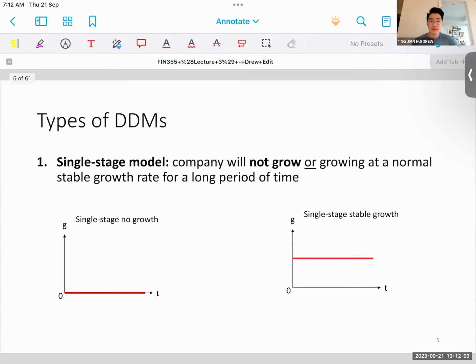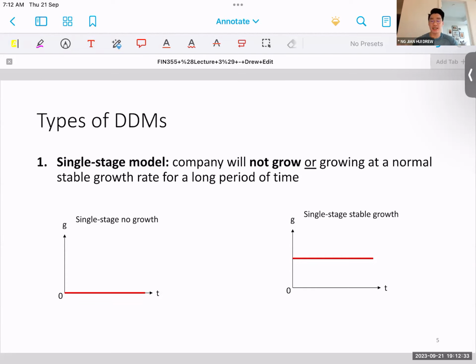All right, so let's quickly have a look at four different types of DDM models. I want to highlight to you, understanding these four different types of DDM is very important, because in the next lecture, when we talk about the FCFF, RI, FCFE, everything falls back on the understanding of this model, because they all use the same model, just that they change the number, right?